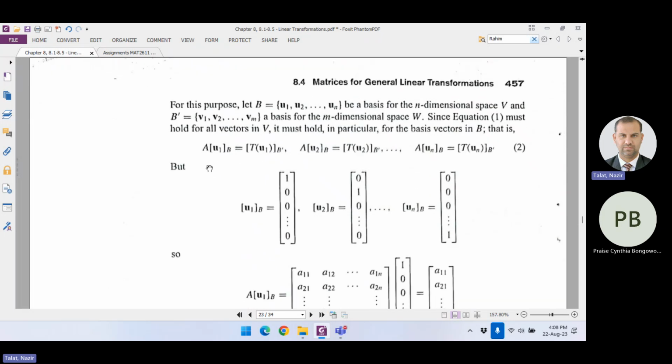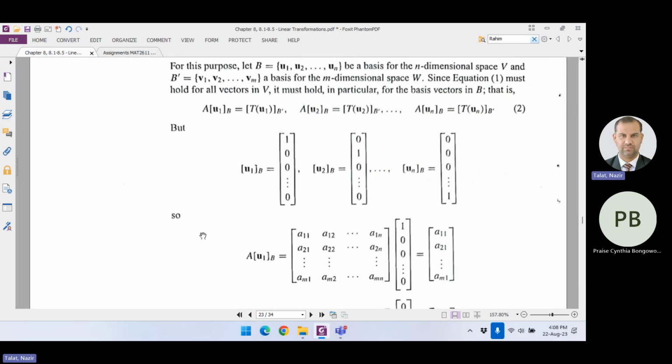For example, if u1, u2 are the basis vectors, then we just apply T of u, and it will be equal to T of u1, and just take these elements in this form.